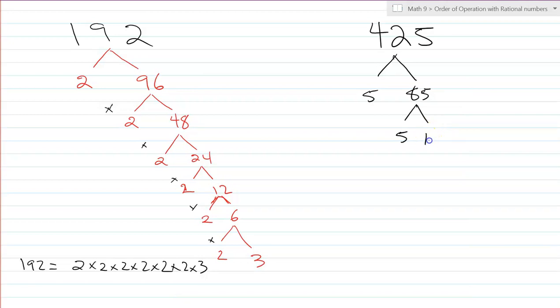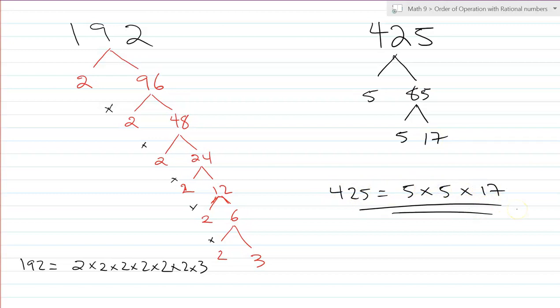Notice that 17 is a prime, so you stop. So 425 is written as 5 times 5 times 17, and you're done. That's what you have to do. Use the branch system, it's very easy, and then write each composite number as a product of primes.